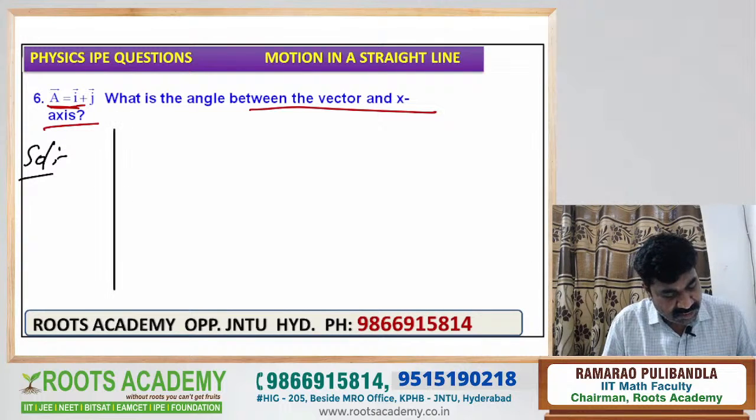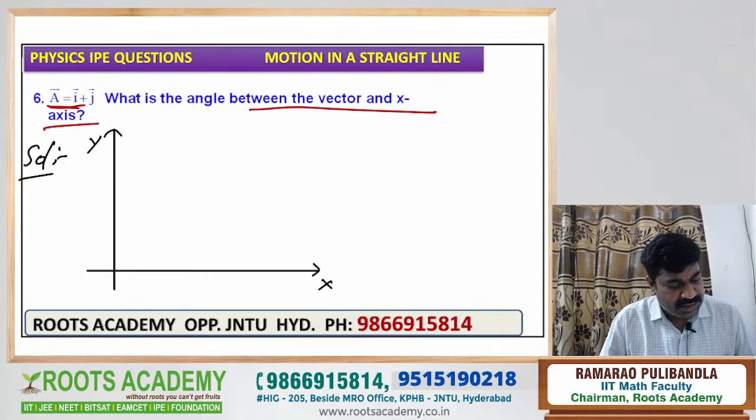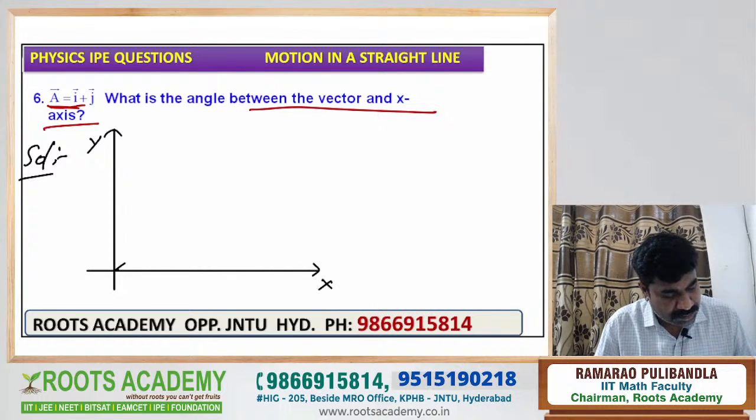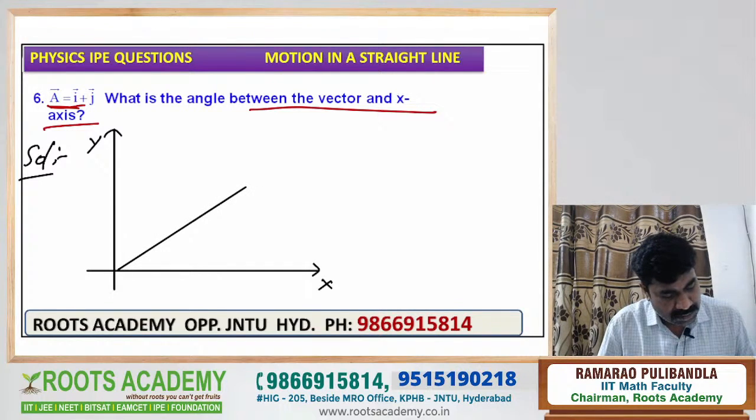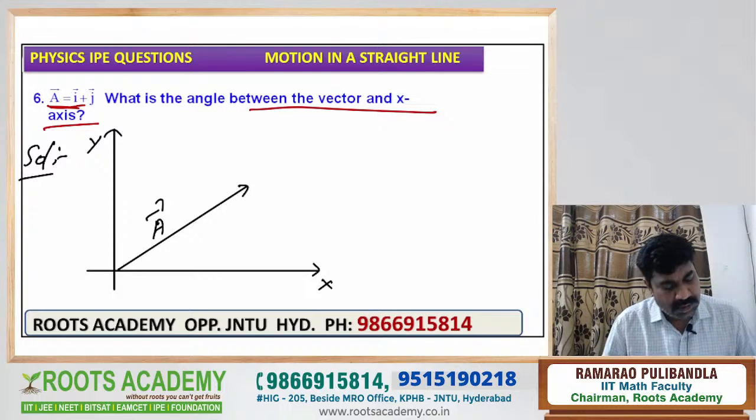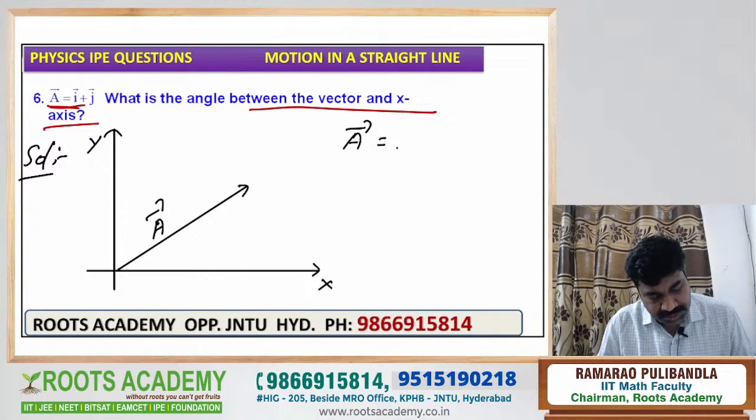Here this is the y-axis and this is the x-axis. This is a vector, A bar. Here vector A bar is equal to i cap plus j cap.